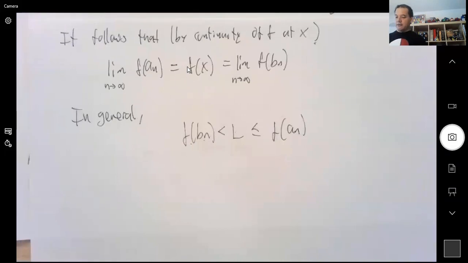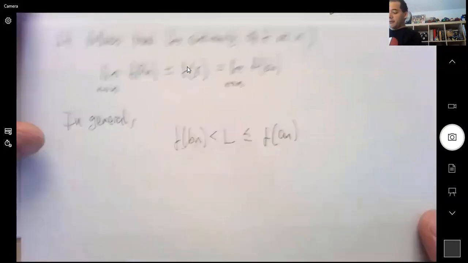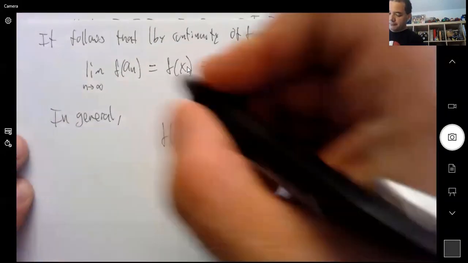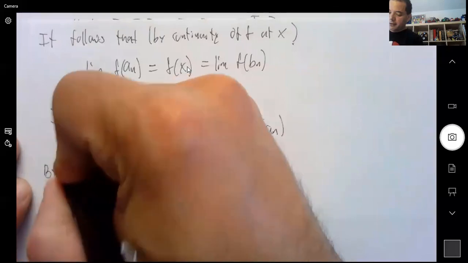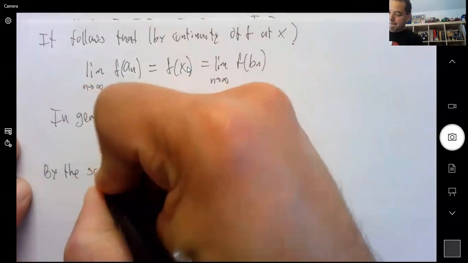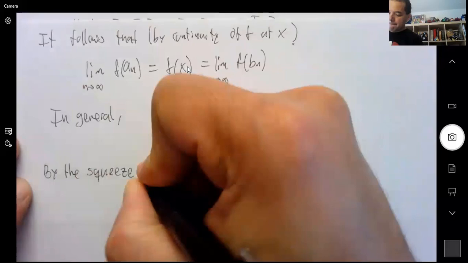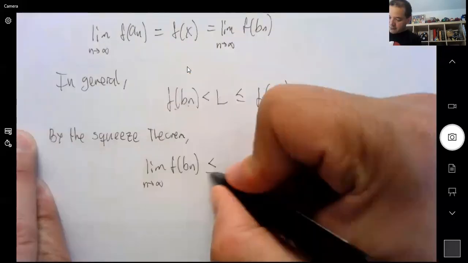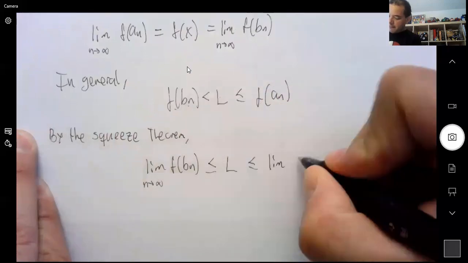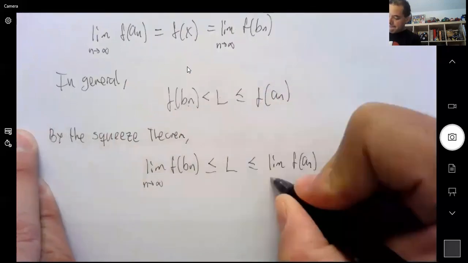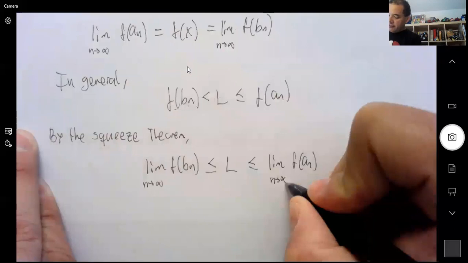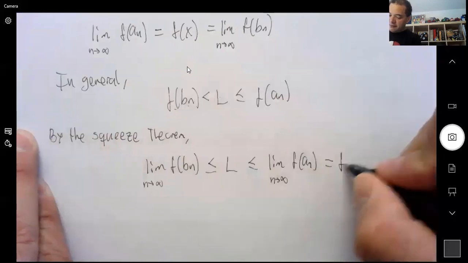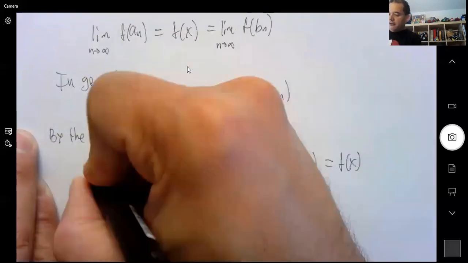Right? So we know this happens. So now we apply the squeeze theorem. So by the squeeze theorem, if I apply the limit, this should happen. But these two are f(X), right?